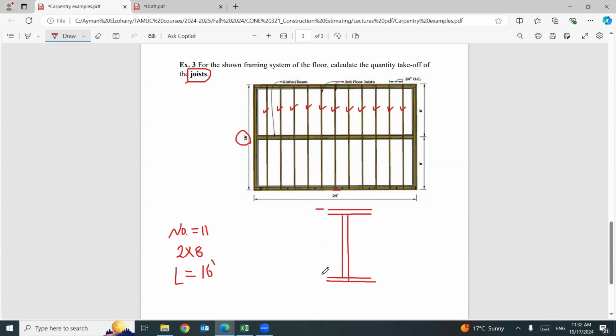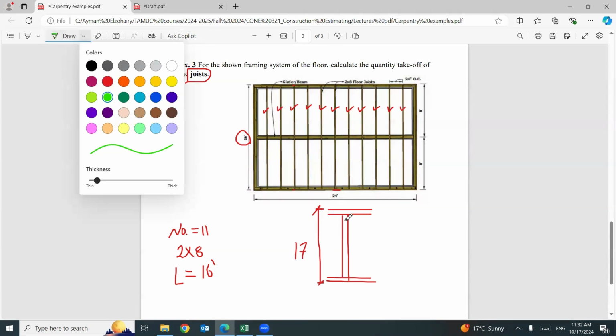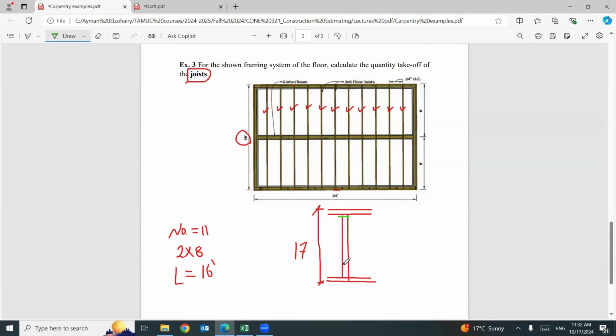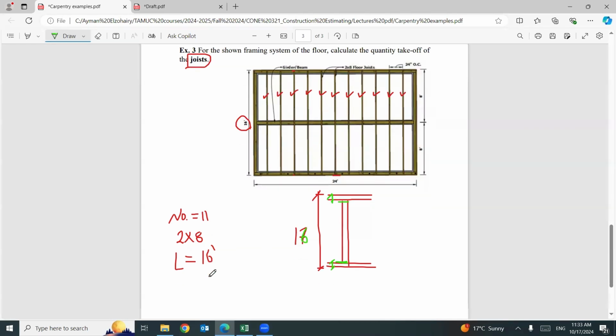So the distance 16 is given by this. So if you would like to figure out the actual length of the joist, which is from this face to this face, we need to subtract this thickness and this thickness. I think this one and this one will be 1.5 inch, so we can subtract the 3 inch, but it's not a big deal. So we can assume it's 16 feet.